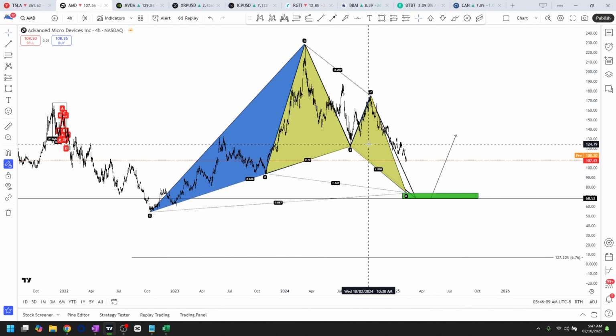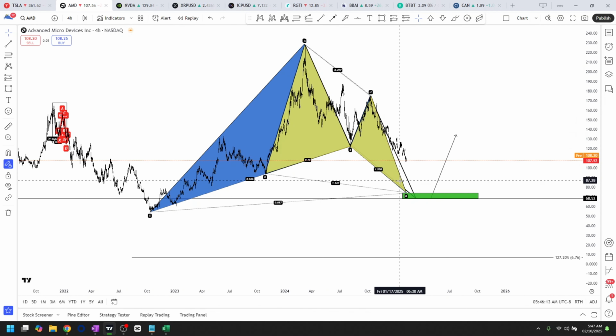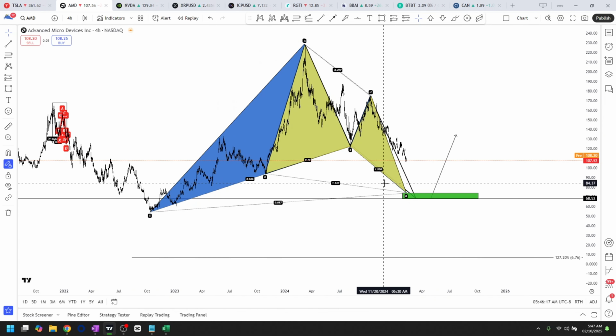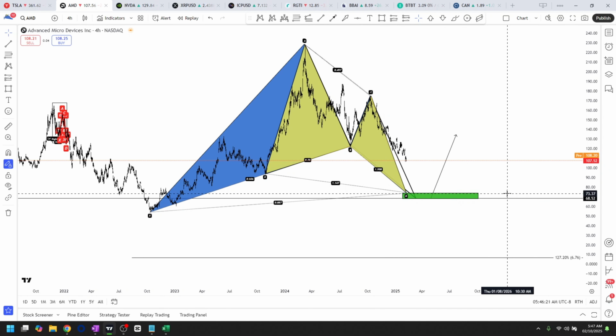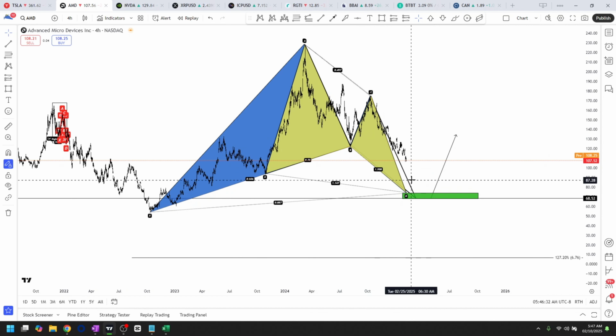So the butterfly inside, its A to B is equal to CD pattern is almost confluent with the 886 retracement of X to A, and it's basically dropping you into this zone. And that zone, like I said, I think it's about $5, $6 maybe, $74 range to 68. But that'd be the zone on that being able to take advantage of either one.